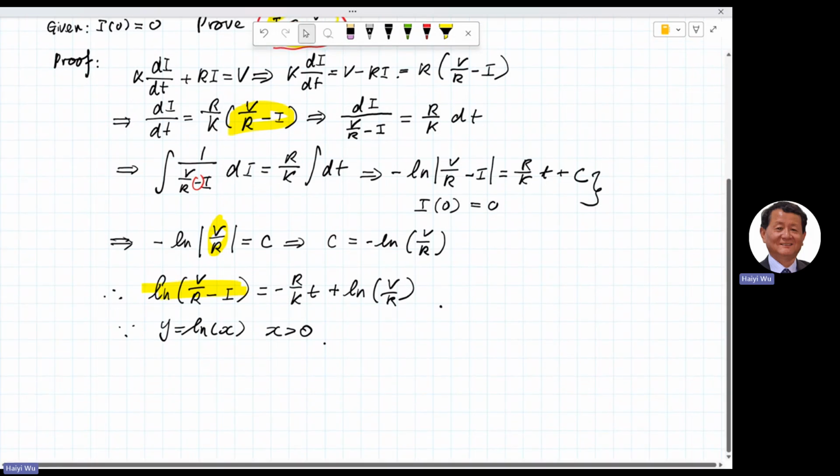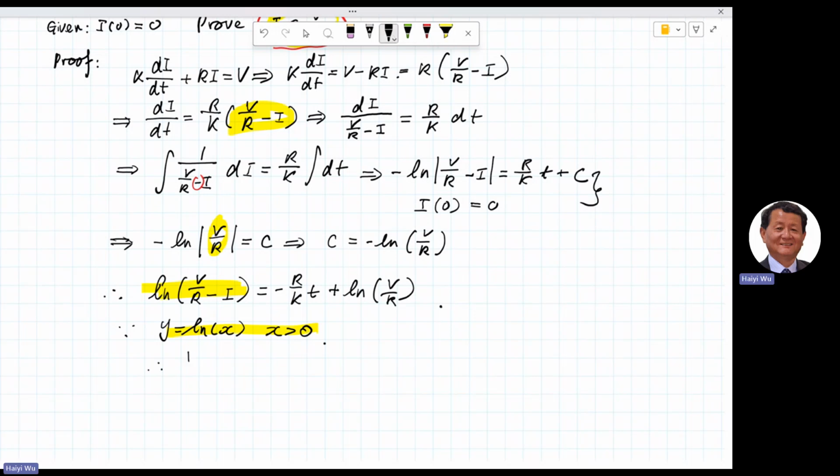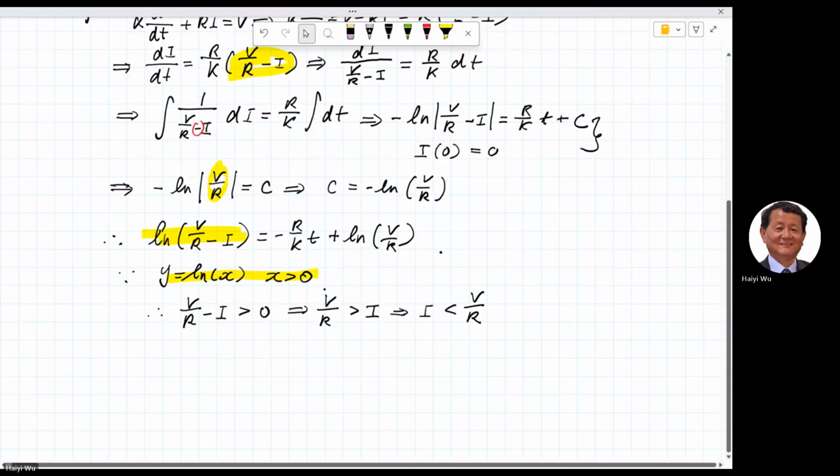That's the logarithm function, so x has to be greater than 0. Therefore, V over R minus I has to be greater than 0. So solving this by moving I to the right, V over R is greater than I. Therefore, I must be less than V over R. That's it.